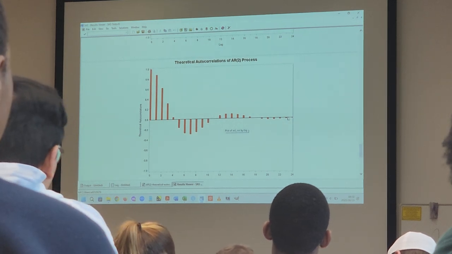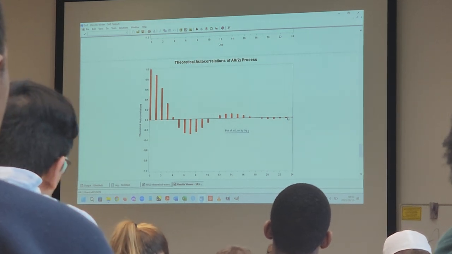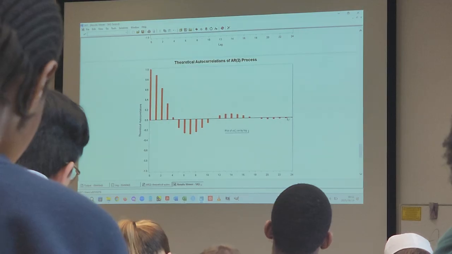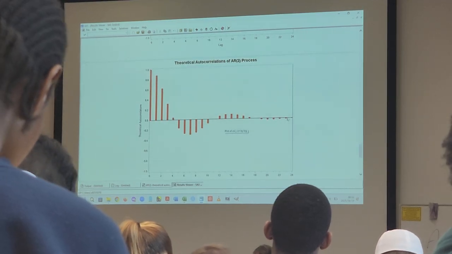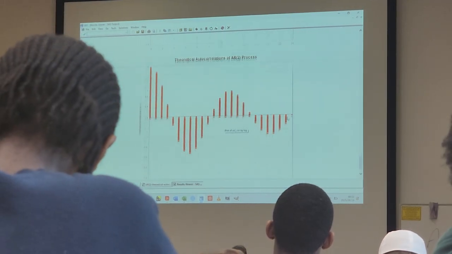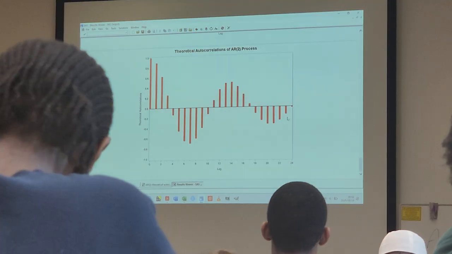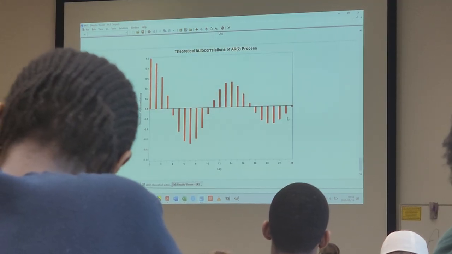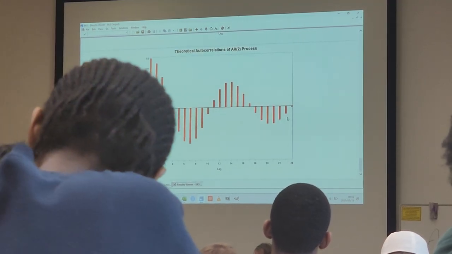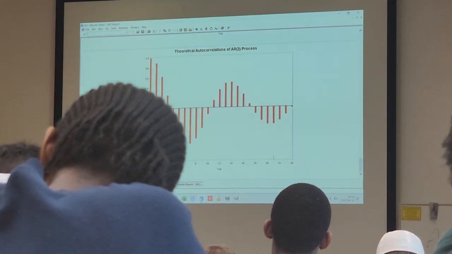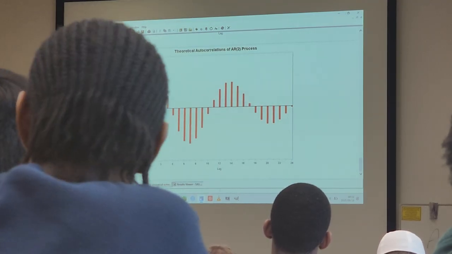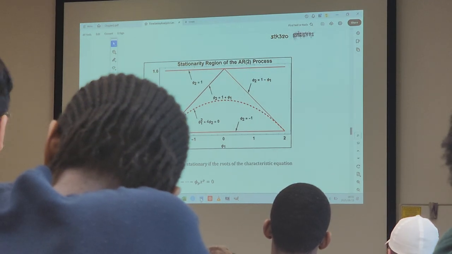This is a very unique property of AR2 models. So you're not going to get this kind of pattern with an MA2 or an MA1 or any other ARMA model, but a pure AR2 model. And specifically, you get this kind of pattern. I don't know how many of you paid attention to how I picked my phi1 and phi2.